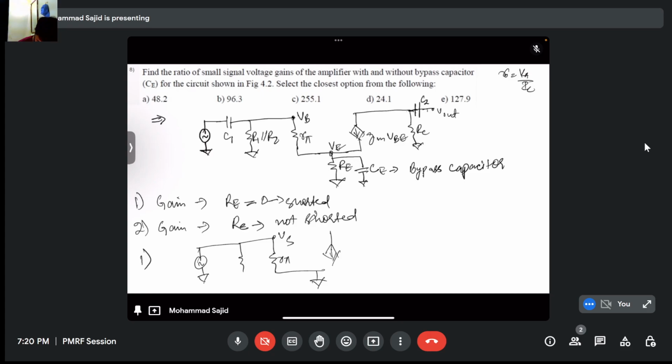This is gmVs. This is RC. This is V output. In that case, your V output will be simply equal to gm RC Vs, and your gain will be equal to gm RC.